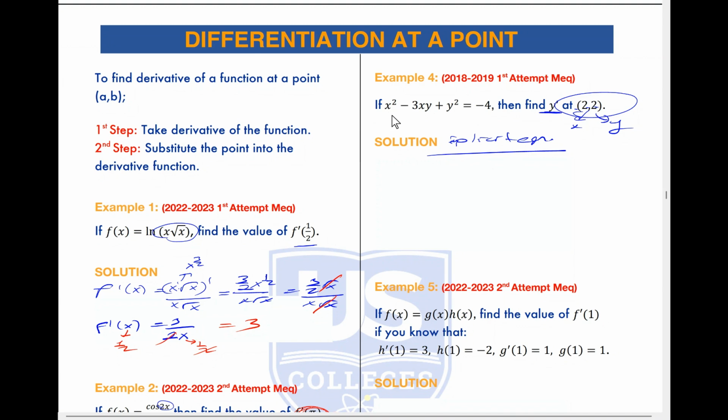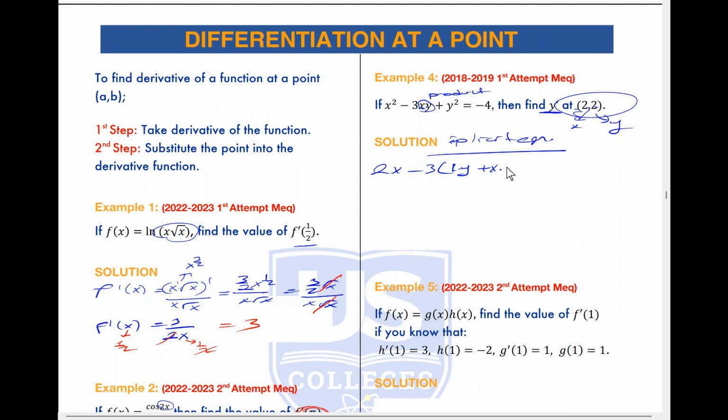How? Derivative of x squared, 2x, minus derivative of 3xy. You treat x times y as product. So apply product rule. Derivative of first, 1, times second, plus first times derivative of second.